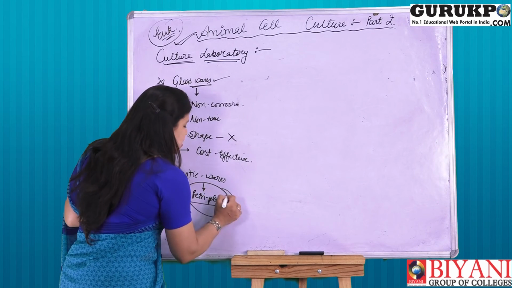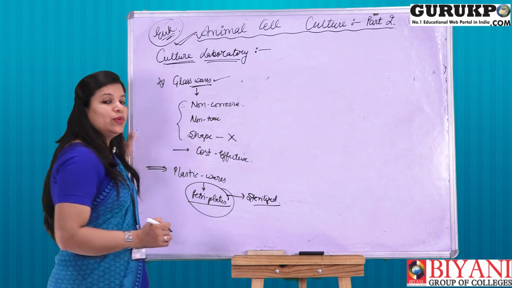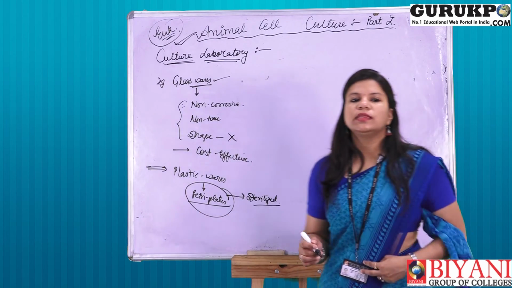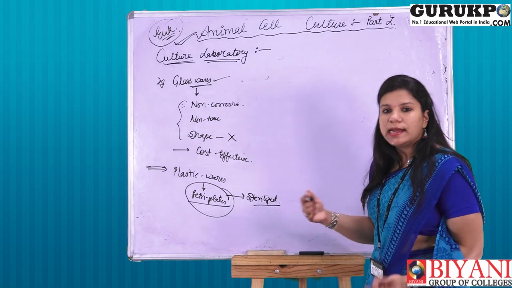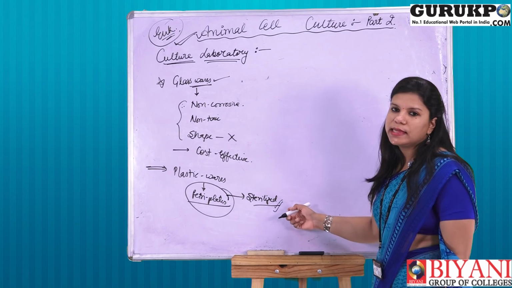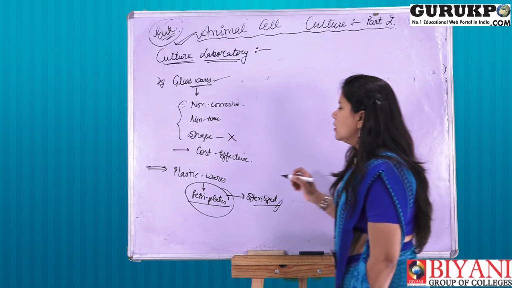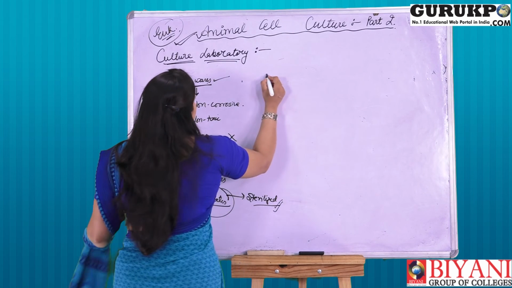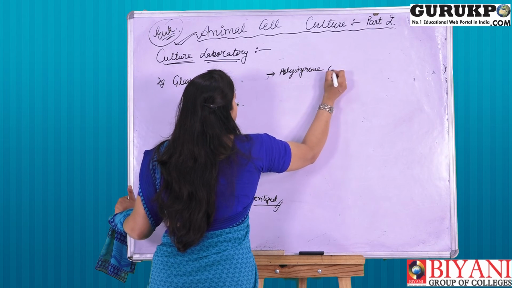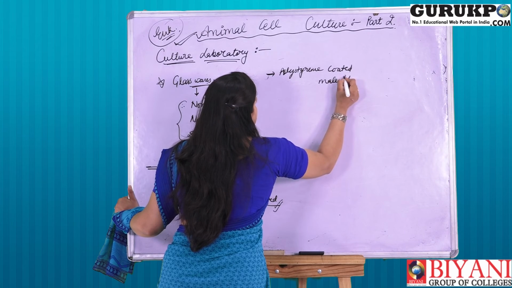So you can order these Petri plates already sterilized, which are in the form of use and throw Petri plates, or if you are using the Petri plates which are not sterilized or you want to reuse them again and again, then you have to sterilize them using the autoclave, okay? Besides these, polystyrene coated materials are also used.